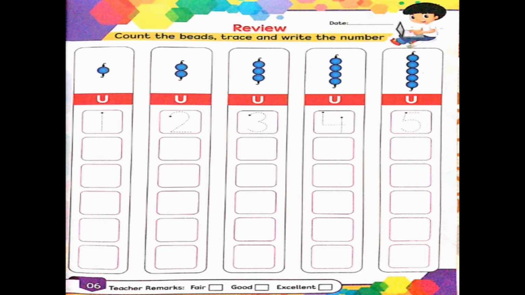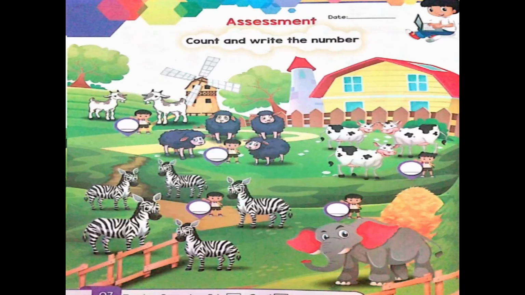So you have to write 4 in the boxes. Now in fifth row there are 5 beads. Now count with me. 1, 2, 3, 4, 5. There are 5 beads, so you have to write 5 in the boxes. Mention date also.